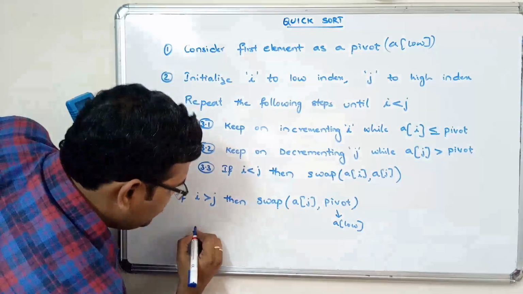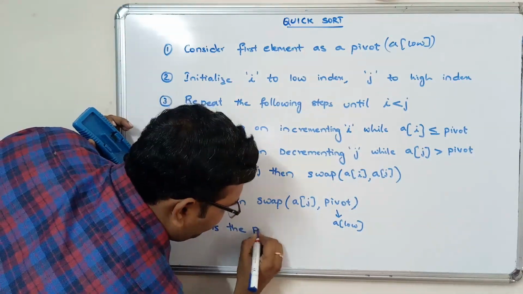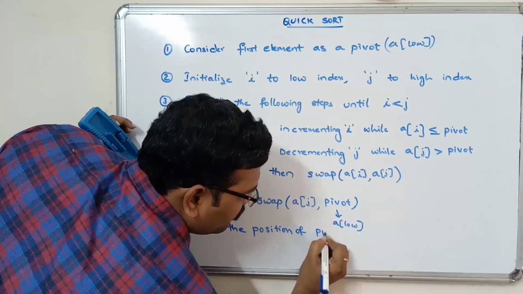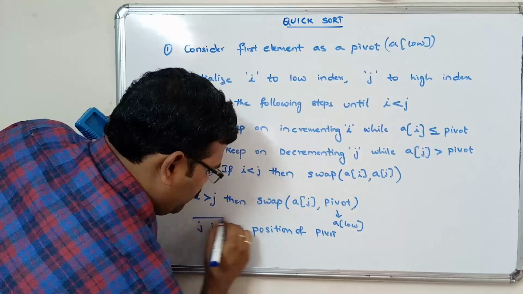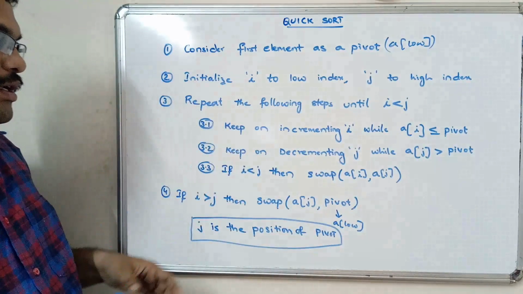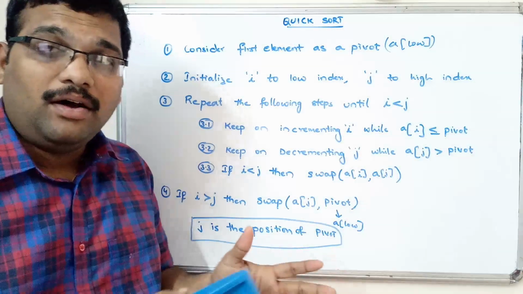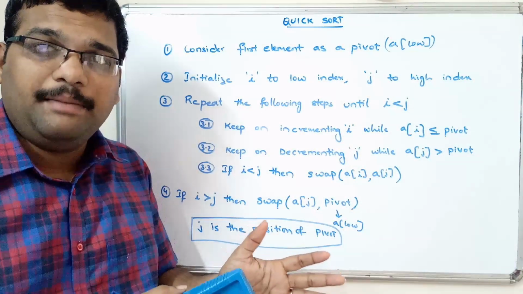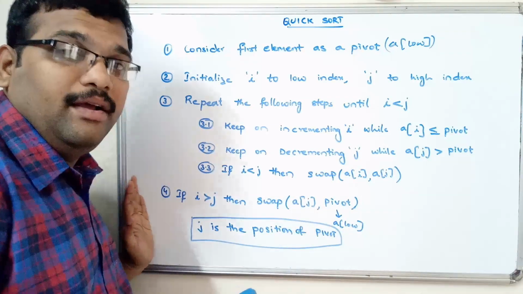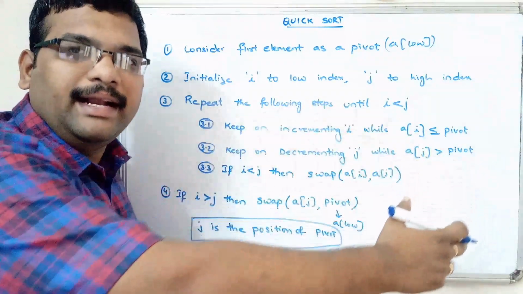So here j is the position of the pivot. This is very important, right? j is the position of the pivot, so that all the elements which are less than the pivot are on the left-hand side, and all the elements which are greater than the pivot will be on the right-hand side.